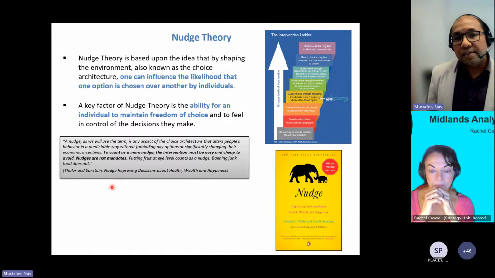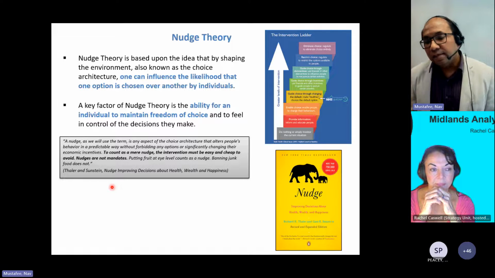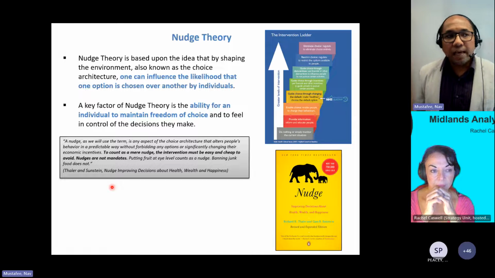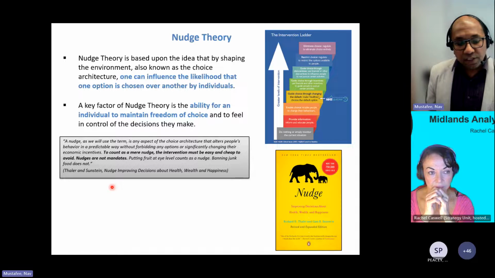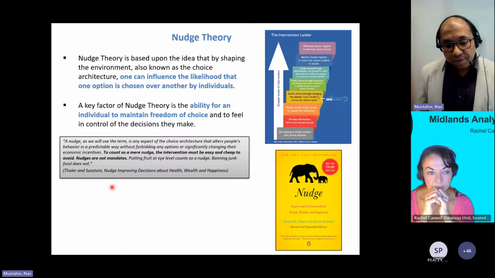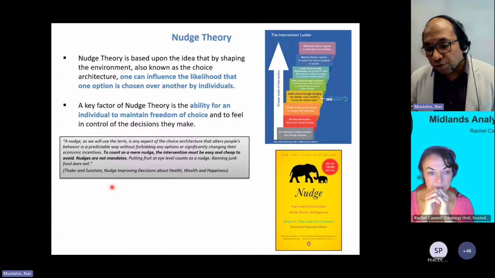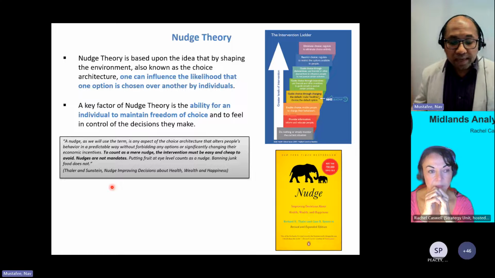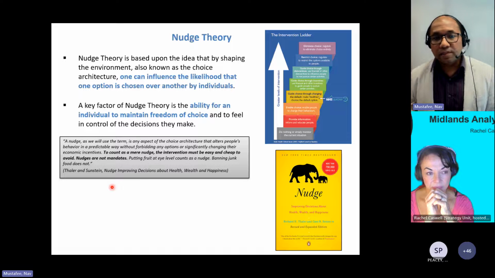The basic premise is that we are overloaded by information. If we can present some of the information to the users without too much cognitive overload, and also help them to take better decisions, then we can nudge them towards that.